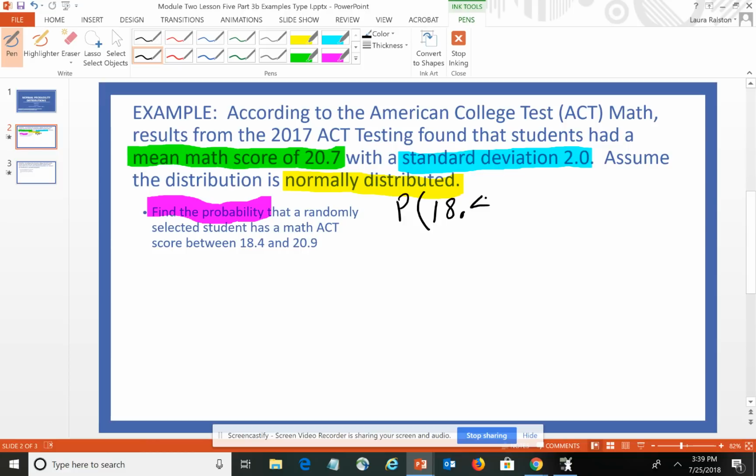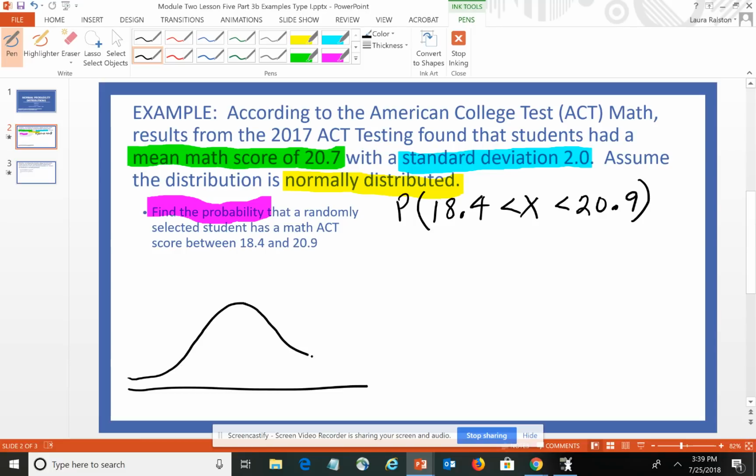So we're saying it's between 18.4 and 20.9. And again, it'll help you if you create a visual by drawing the graph. I'm going to draw my horizontal axis and my bell-shaped curve with the mean in the middle, which is 20.7. The low score is 18.4, which would be below the mean, so it's somewhere here on the left.